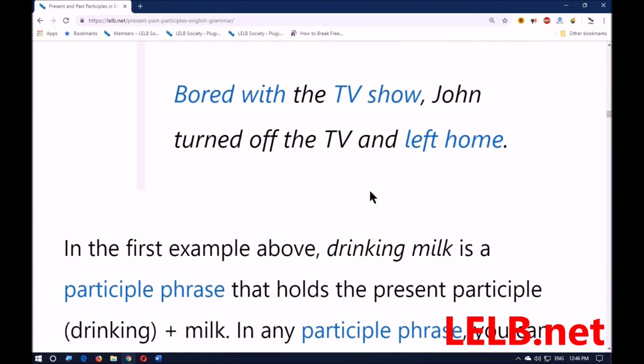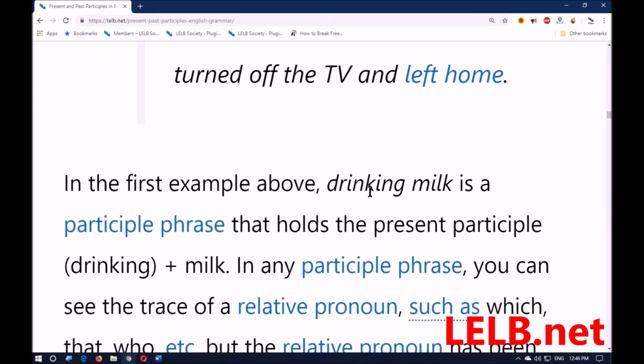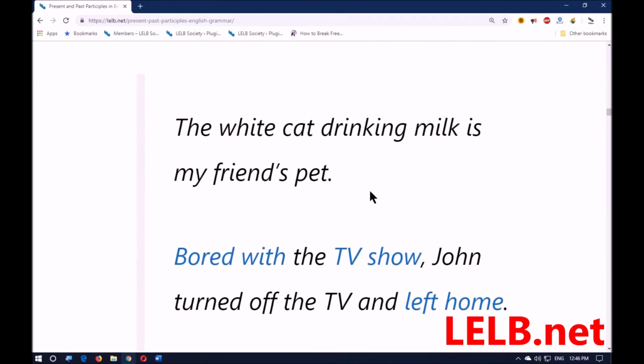Okay, now let's analyze them. In the first example above, drinking milk is a participle phrase that holds the present participle drinking plus milk. So here it is. The white cat drinking milk is my friend's pet. So the original sentence has been something like this.